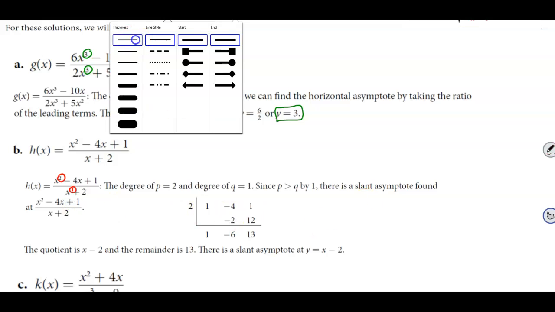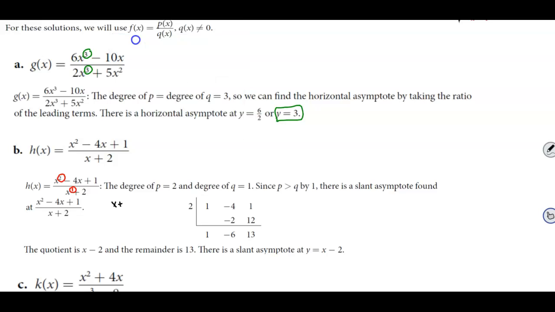Now remember, we can use synthetic division. x plus 2 is equal to 0, and therefore x is equal to negative 2. So we have negative 2. Negative 2 times the value of 1 is negative 2.